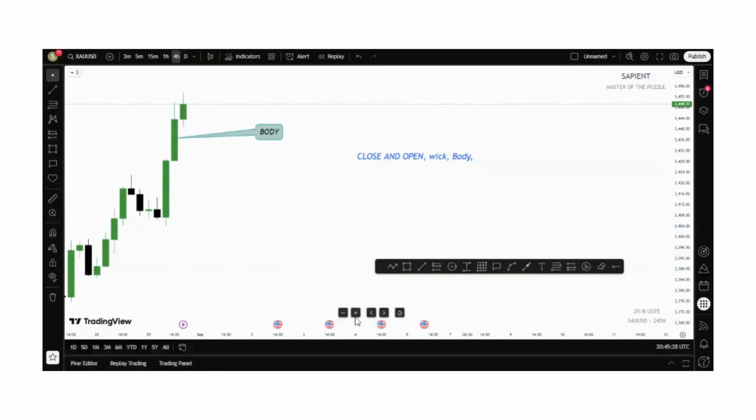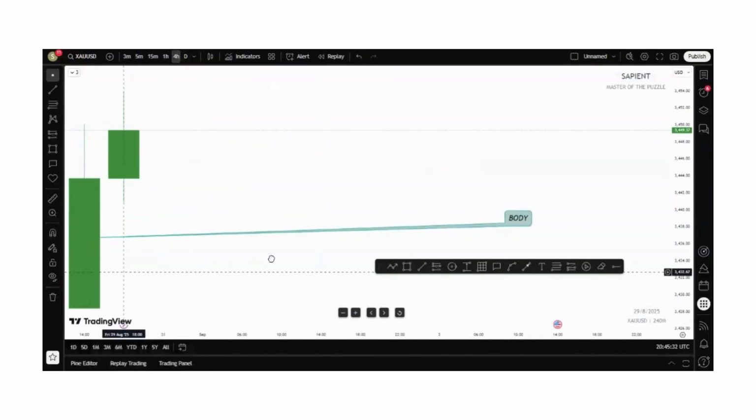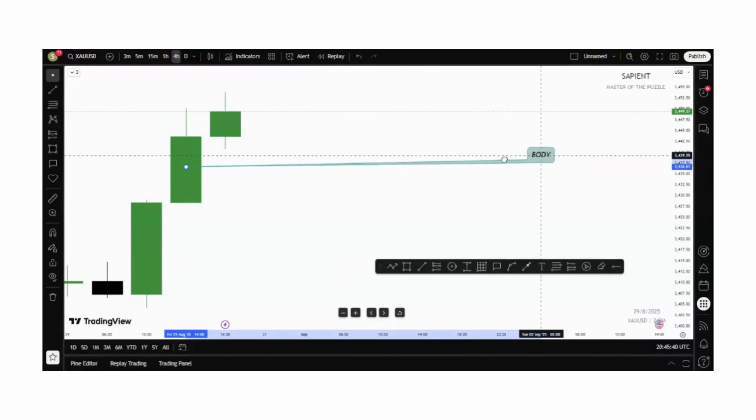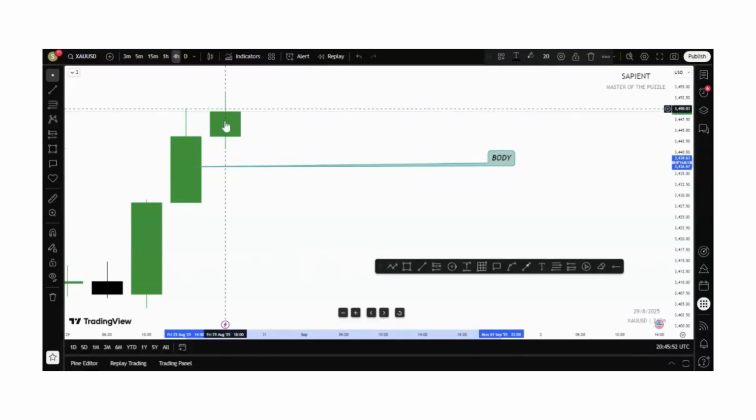Let me zoom in so I can see very well. We call it the body of the candle. Don't forget the body of the candle.